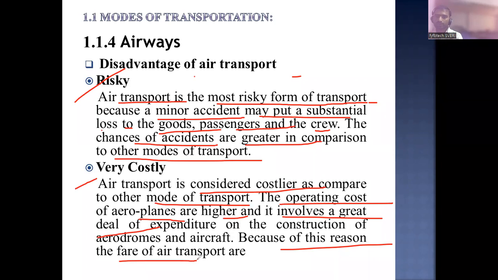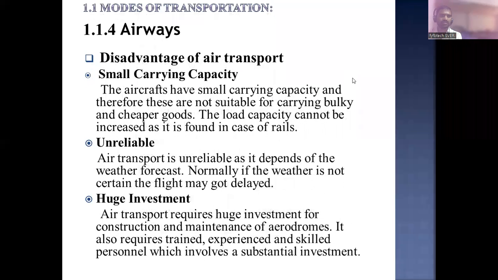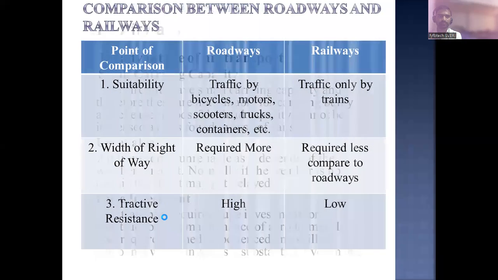We have to construct the airport and the aeroplanes, and the construction is very costly. It also has a small carrying capacity, so it will not carry heavy vehicles. It is unreliable and needs huge investments. Initially, constructing the airport and aeroplanes requires huge investments.